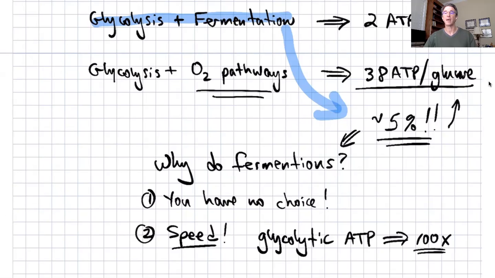So if you really need to make ATP fast, glycolysis is the way you go. There are times when the most important thing in the world is to make as much ATP as you realistically can, as fast as you realistically can. Under those conditions, glycolysis is the pathway to choose.